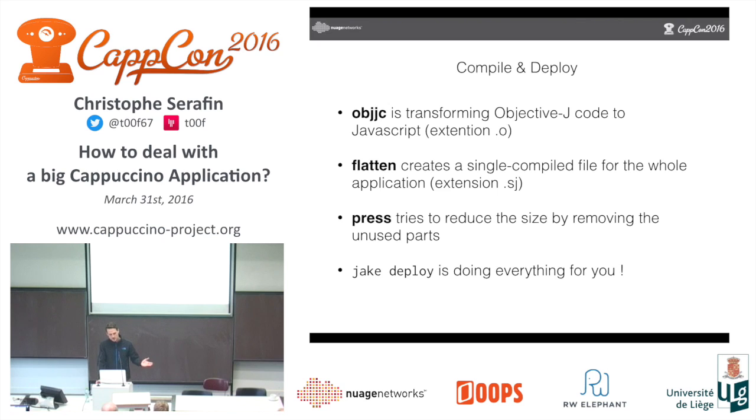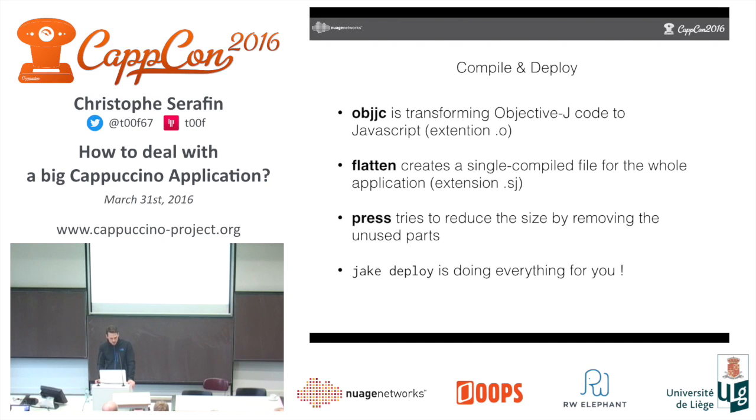So we first have an Objective-J to JavaScript transformation, which takes your Objective-J code and transforms it into JavaScript code. Then Cappuccino grabs all the files into a single one and compiles it. It means the minification of the file. That's the flatten role: it takes all the Objective-J files, puts the JavaScript files into a single one and compiles it.